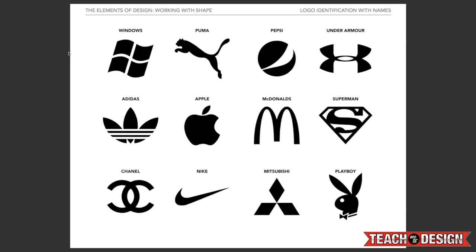If it doesn't work in black and white, it's probably not going to work no matter what color you put it in or how many shadows and glows you add to it. And that's just something to keep in mind as you get into designing logos and branding and things like that. These are all instantly recognizable, and they're all just made up of shapes.